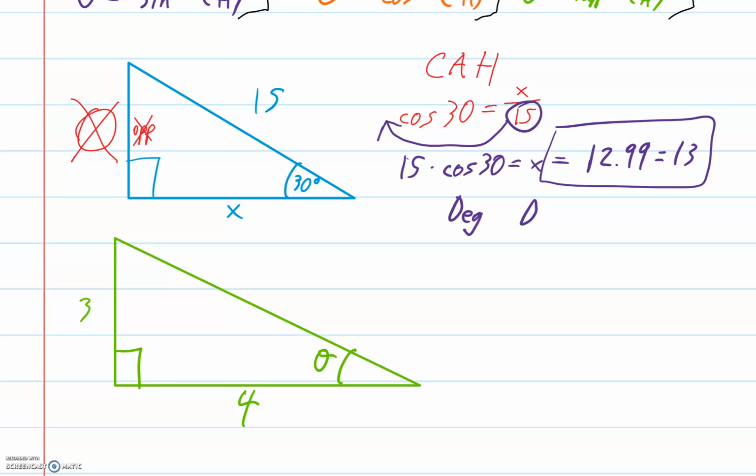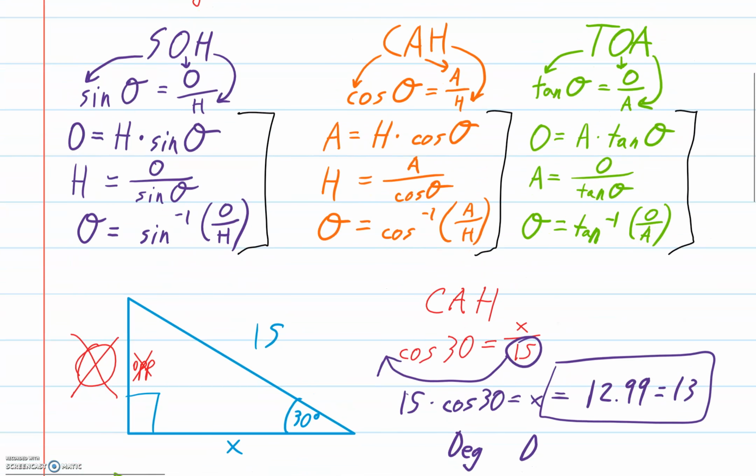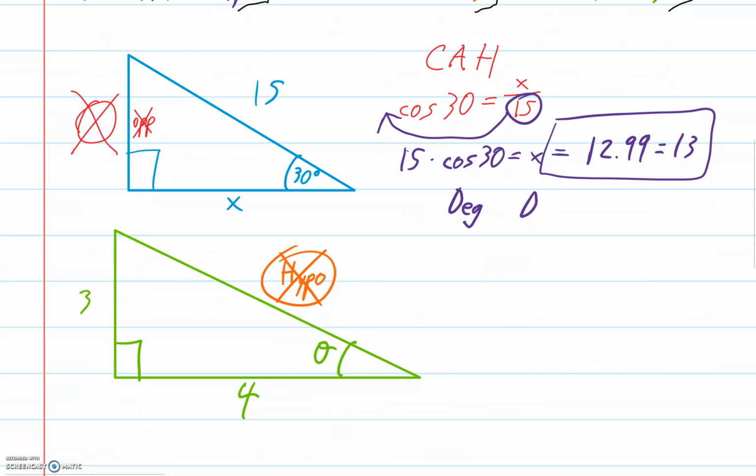For me, what I always do is check which side does not matter to me, and I don't care about the hypotenuse. So which of those three does not have the hypotenuse? SOH, CAH, or TOA? Well, TOA does not have the hypotenuse. So I'm going to use TOA. So tan of the angle equals opposite over adjacent, which is 3 over 4.